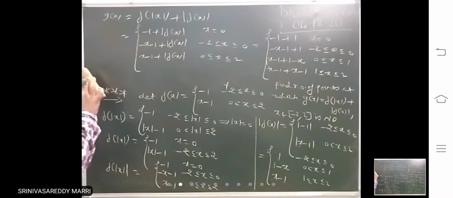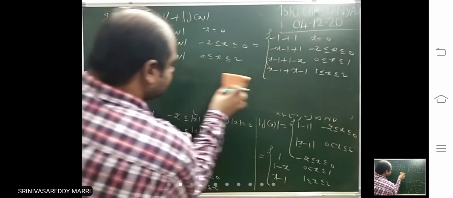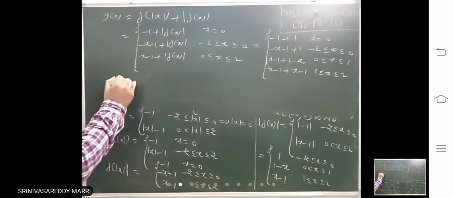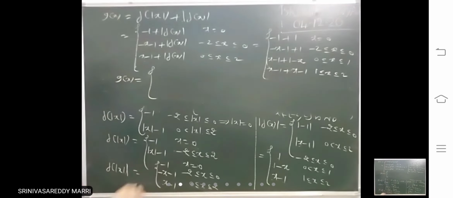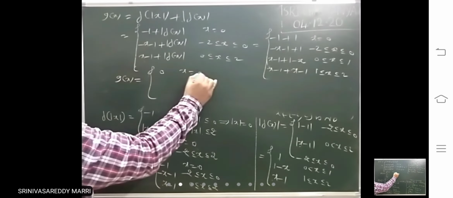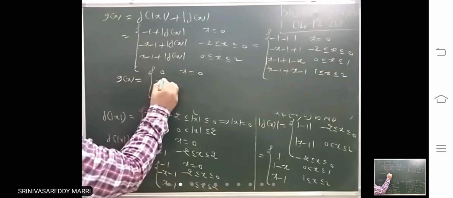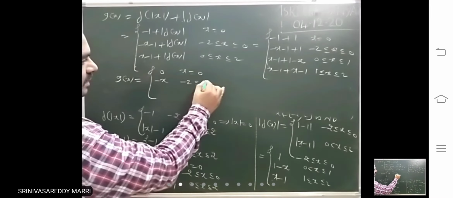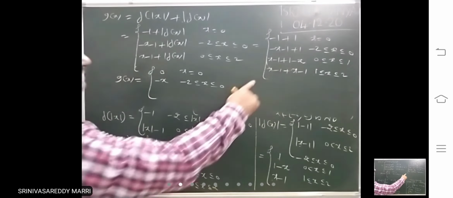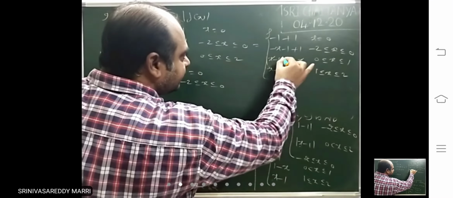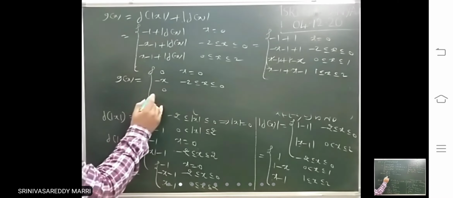Now g of x, add that. G of x is nothing but this is 0 when x equal to 0. For minus 2 to 0, x cancels, minus 1 plus 1 cancel, 0.